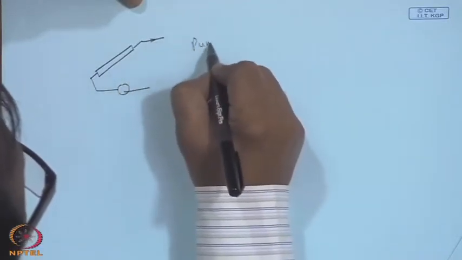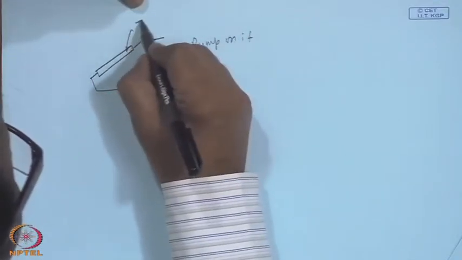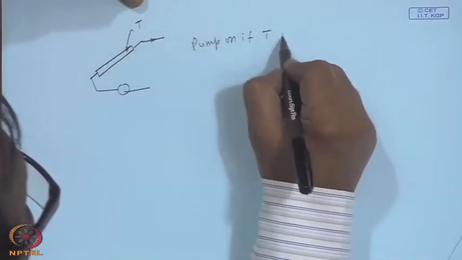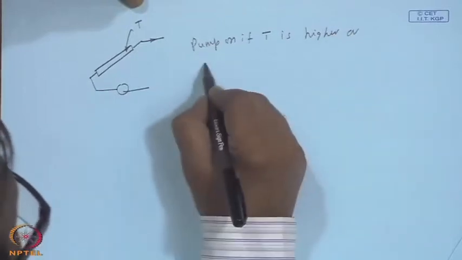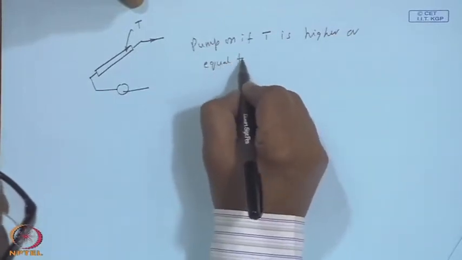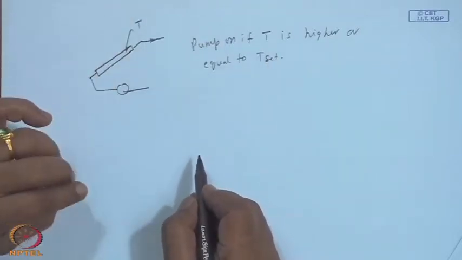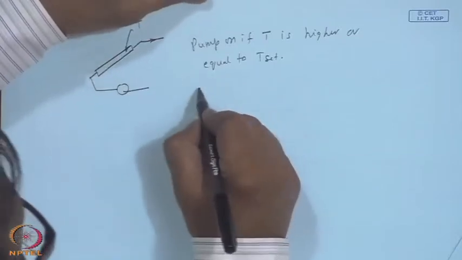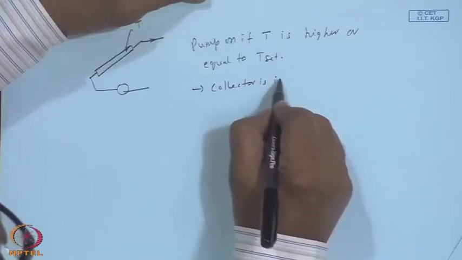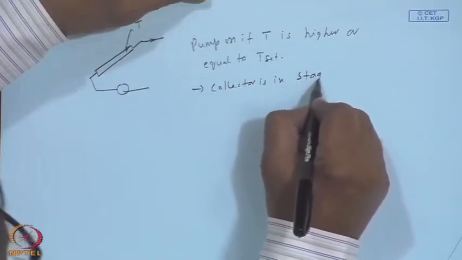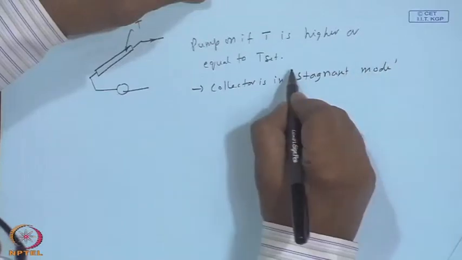and of course, you may have it alternately. Pump on if somewhere the T is higher or equal to the set temperature. So, this is also on and off of the pump, but the difference is the collector is in stagnant mode most of the time.